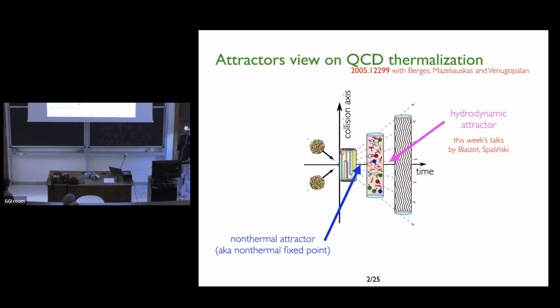What Michal talked about in the previous talk, and what you heard before from Jean-Paul Blaizot as well, is the hydrodynamic attractor, which on the space-time picture of nuclear collisions arises somewhere here. But it turns out that in the weakly coupled picture of ultra-relativistic nuclear collisions, there is another attractor called the non-thermal attractor, also known as non-thermal fixed point, that manifests itself at very early times when the system is anomalously weakly interacting. So it's not in its pristine form directly relevant for the current phenomenology of nuclear collisions, but it's there for ultra-relativistic nuclear collisions at accelerators that would maybe be the size of a solar system or something like this.